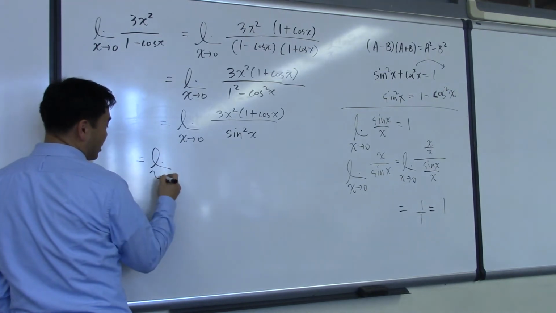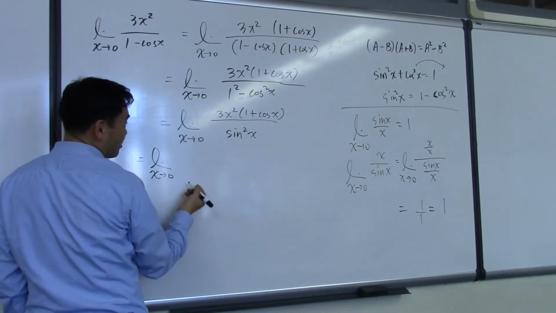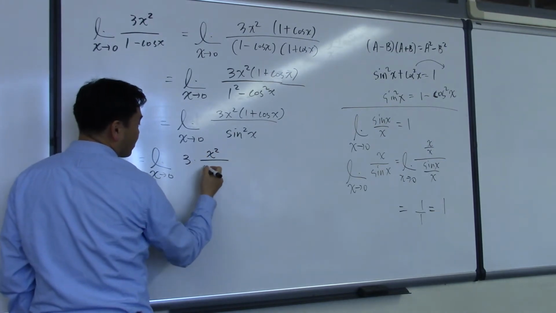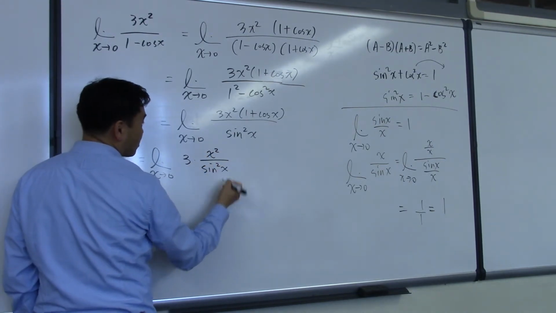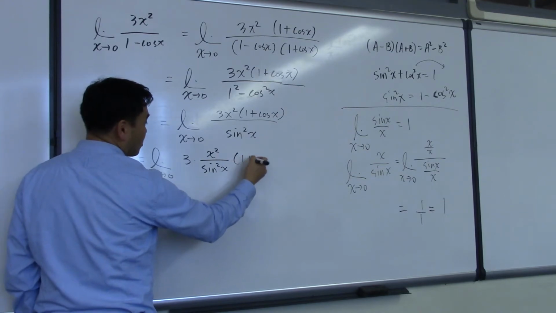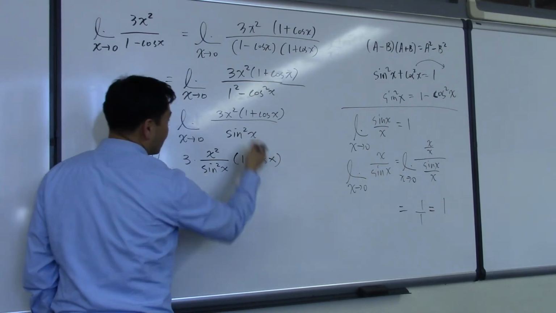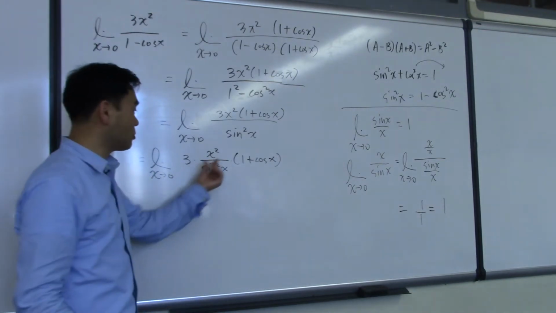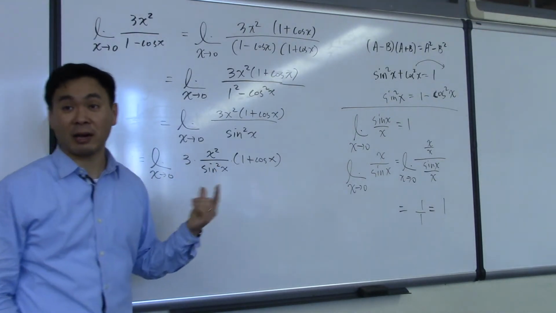And you probably already see it. If I break this down as 3 times x squared over sine squared x, and 1 plus cosine x. These two are algebraically equivalent because whenever you multiply something to a fraction, you only get to multiply to the top, not to the bottom.